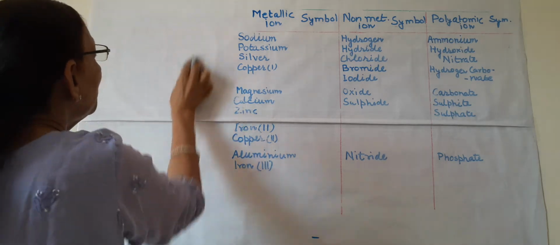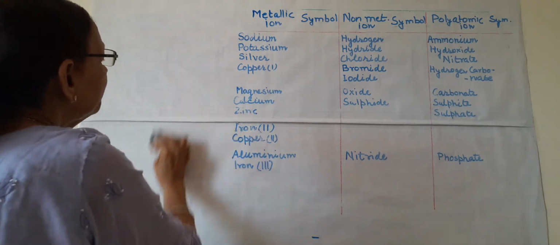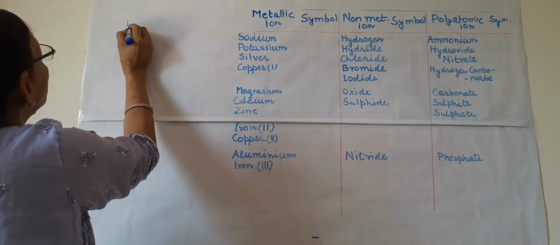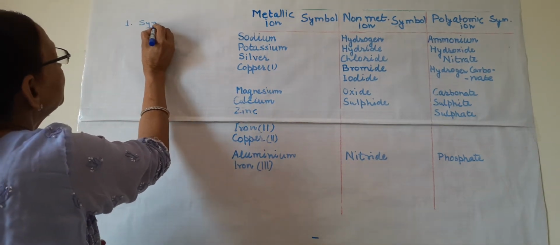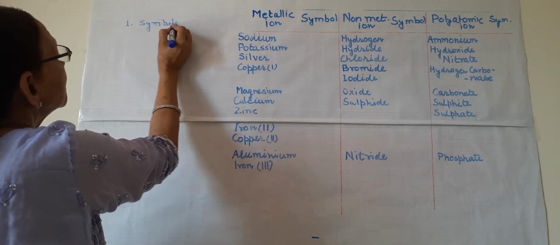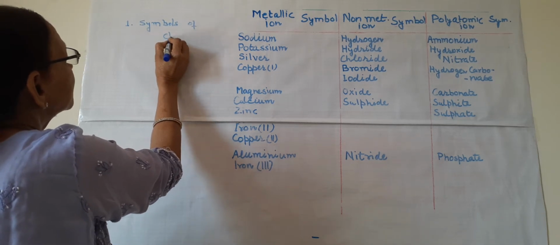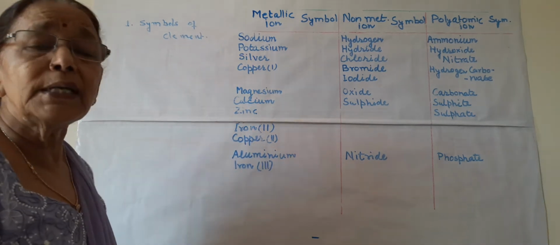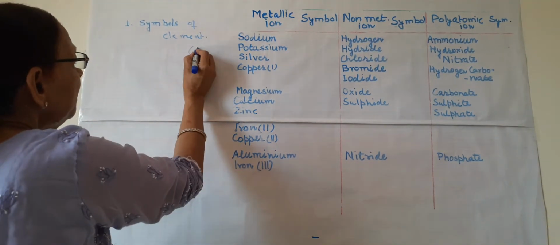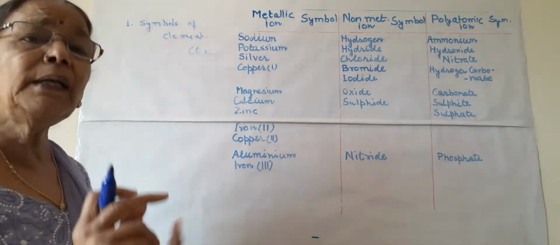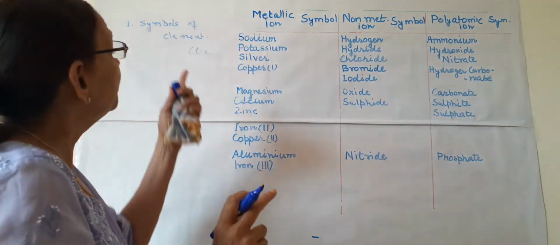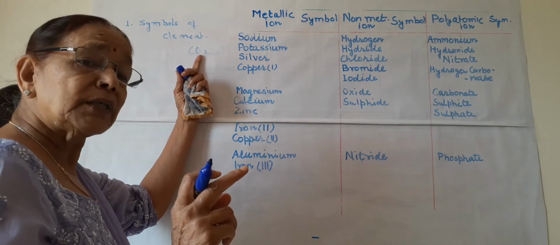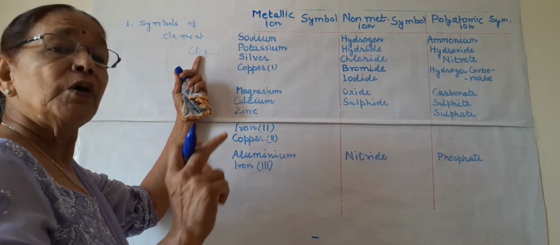So what we have to do for writing a chemical compound formula, first we should know the symbols of elements. What elements? Of which this compound is formed. For example, we have just taken carbon dioxide. So we should know the symbol of carbon, that is C, and for dioxide we should know the symbol of oxygen.